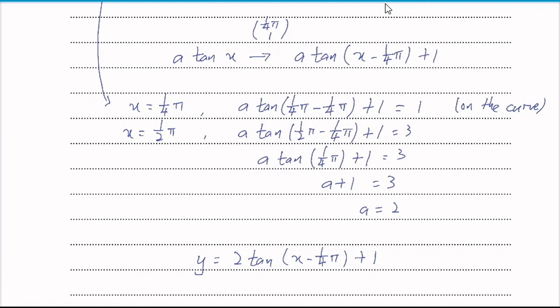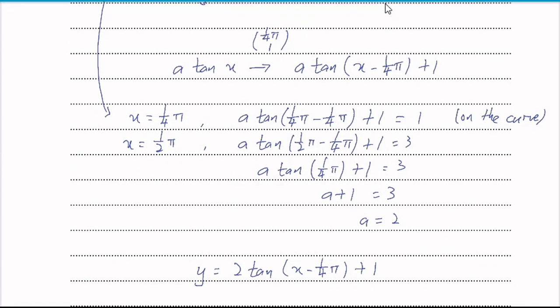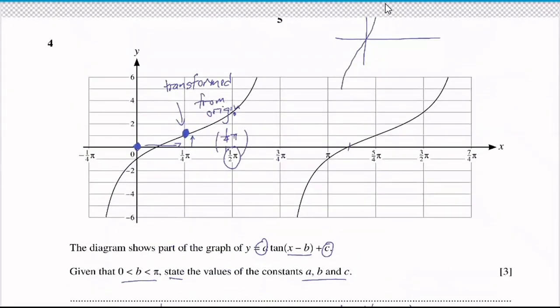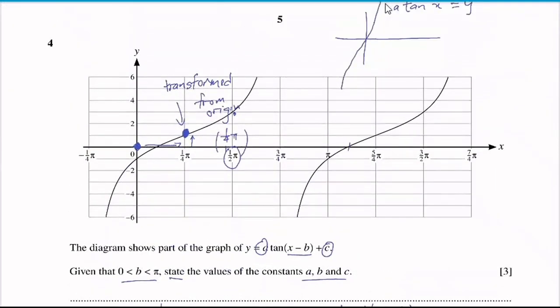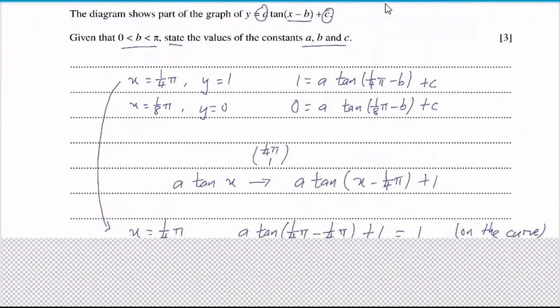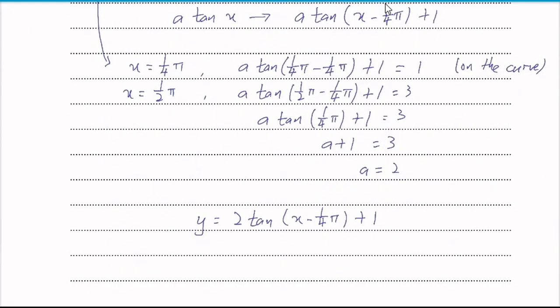If we still feel something is not right, we could always sub in other values to check. For example, when x equals 0, y equals -1. So this is how we get the graph here.